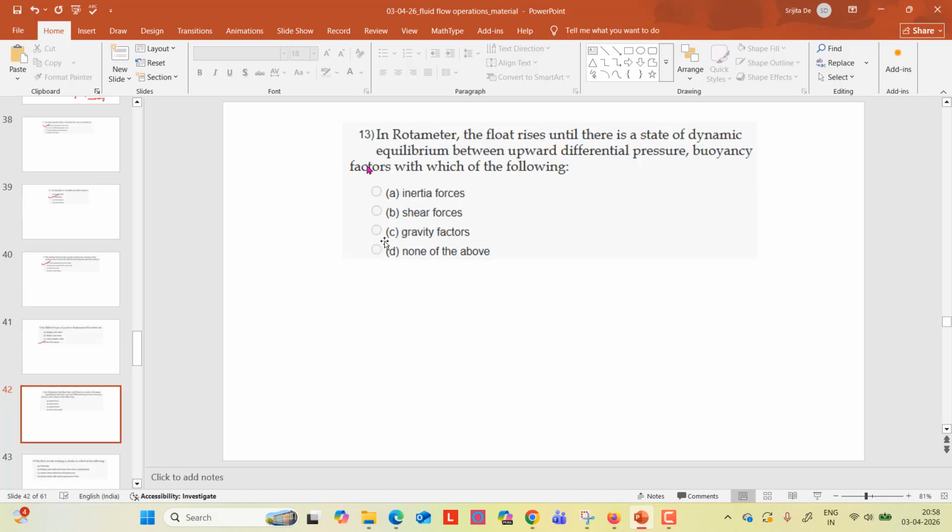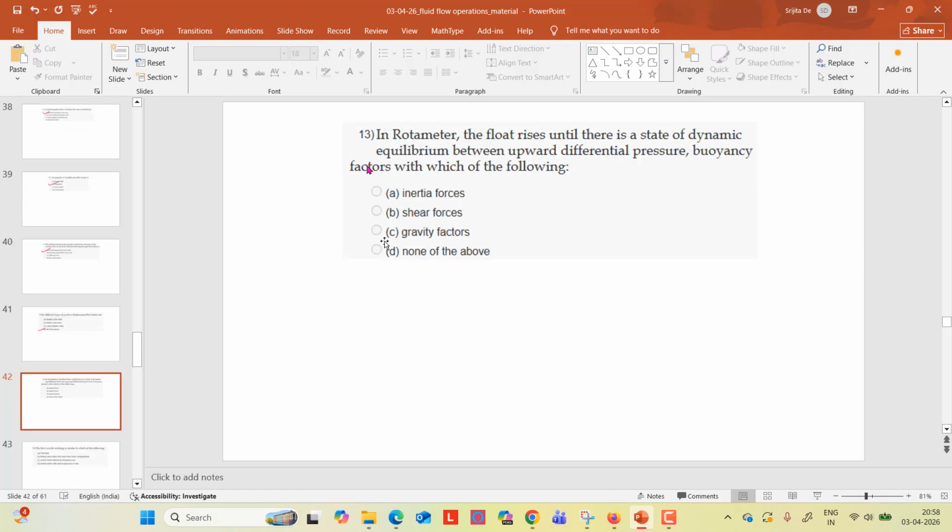Next, in rotometer, the flow rises until there is a state of dynamic equilibrium between upward differential pressure and buoyancy factors with which of the following forces. So it is the gravity factors.